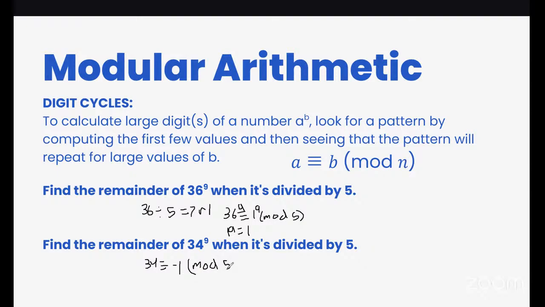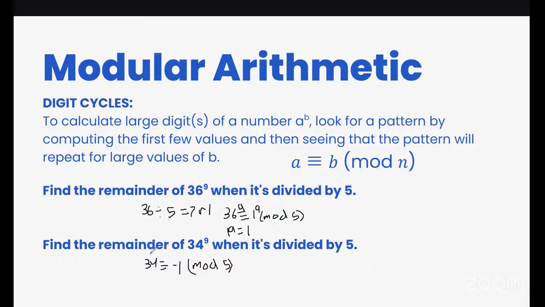This might be a little confusing since you can't really get -1 as a remainder. But if you think about it this way, 34 would be 1 less than 35, which is a multiple of 5. So you can also write it as just -1.